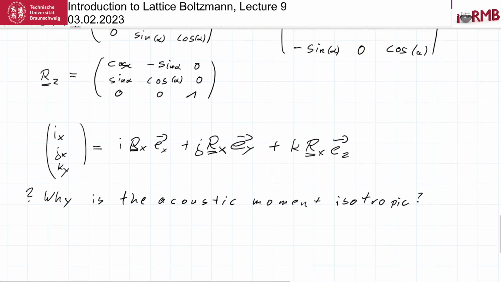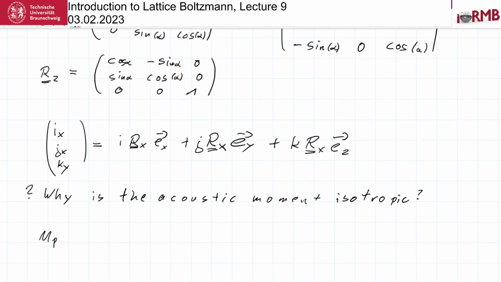Well, this is the case because the moment, let's call it M_P, so all of them together because it's the pressure, is M200 plus M020 plus M002.